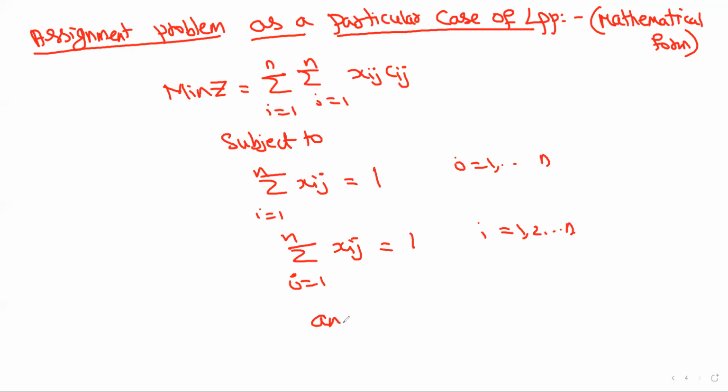And each Xij value is 0 or 1. That's all. This is the mathematical formulation of the assignment problem.